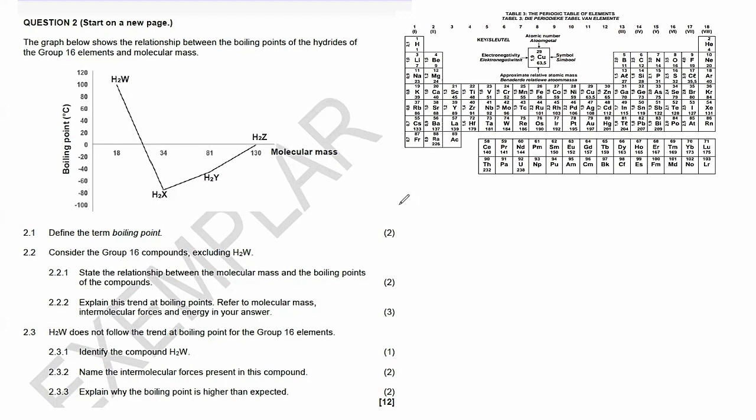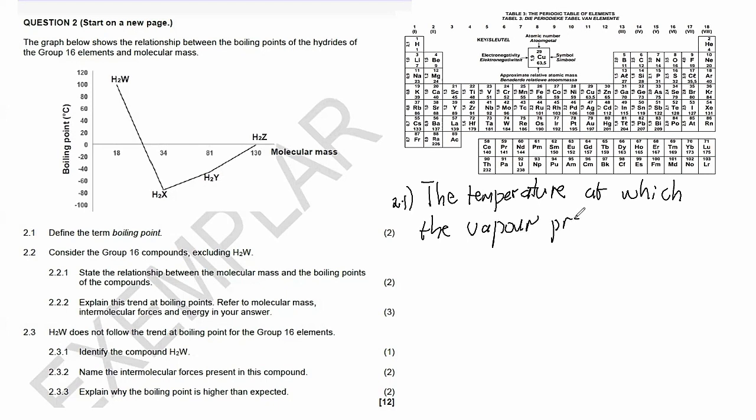So quickly on that one, we say a boiling point is the temperature at which the vapor pressure of a substance is equal to the atmospheric pressure.